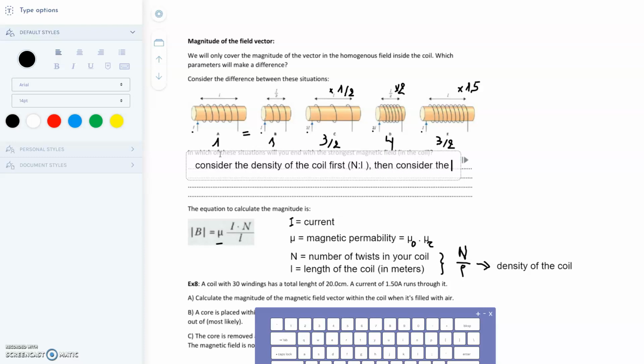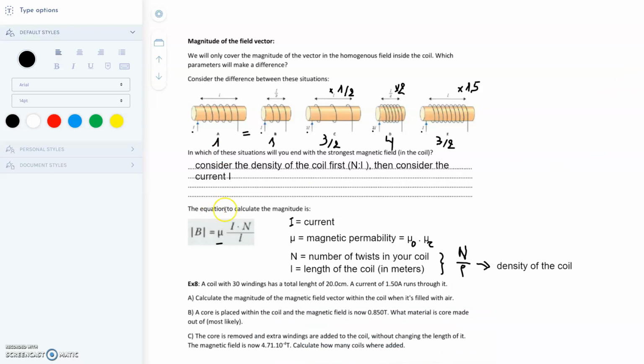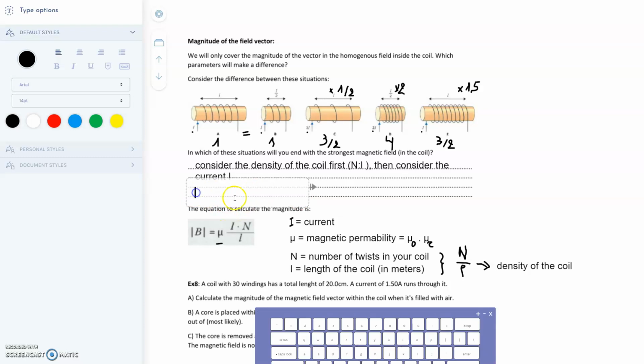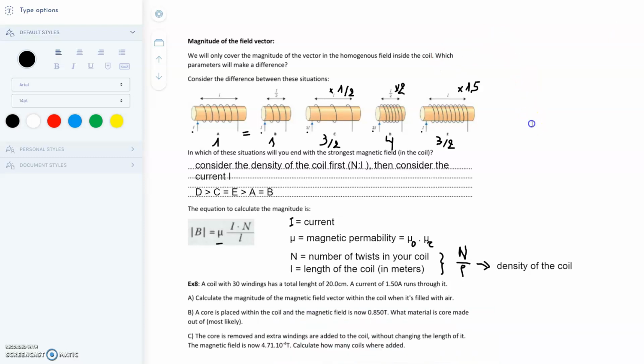Then consider the current I. If you take both of these into account, the strongest magnetic field in this case would be situation D, which would be a stronger magnetic field than situation C, which would equal situation E. And these two would be stronger than situation A and situation B, which were identical in this case.